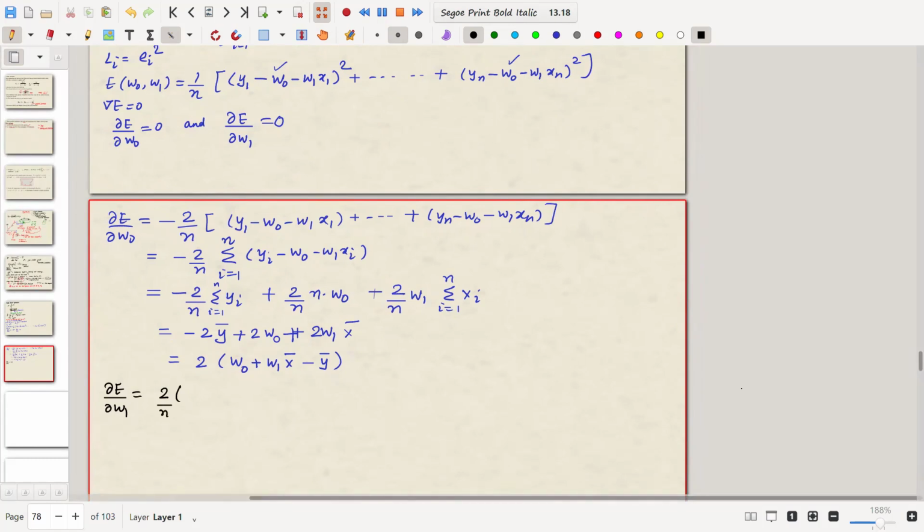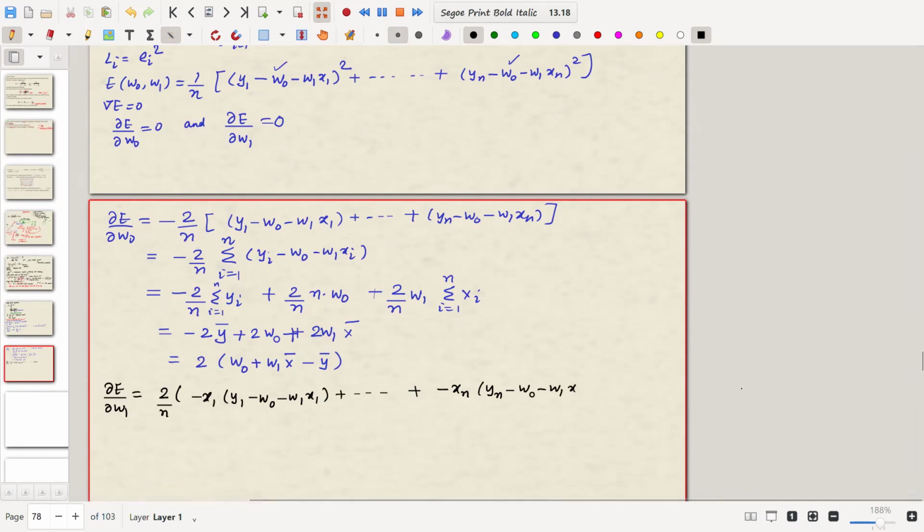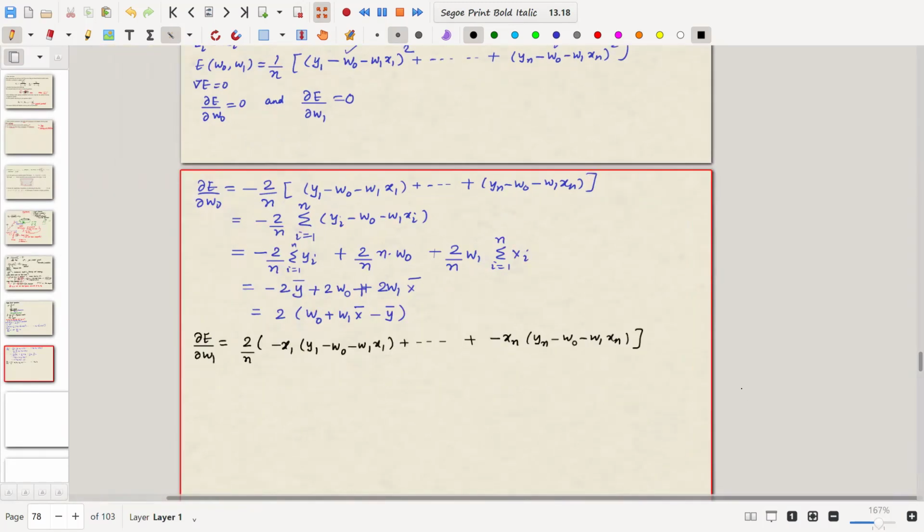Now what will you have? You differentiate with respect to w1. So minus x1 will come for this term: minus x1 times (y1 minus w0 minus w1 x1), right? Similarly, plus, plus, and so on till minus xn times (yn minus w0 minus w1 xn). Is it correct?